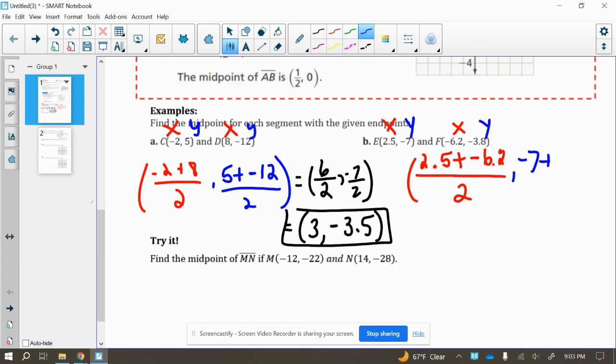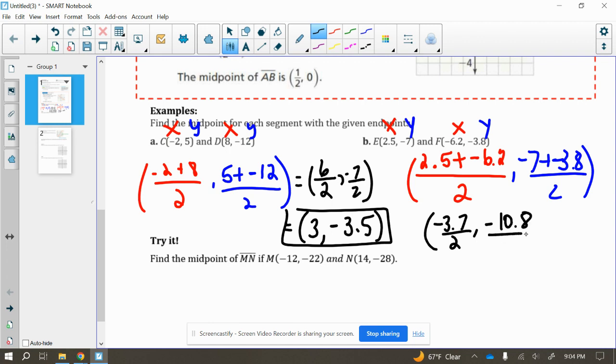-7 plus -3.8. And we're adding that negative, so it will turn into subtraction. So 2.5 plus -6.2, or -6.2, since we're adding a negative, is -3.7. -7 plus -3.8 is -10.8.